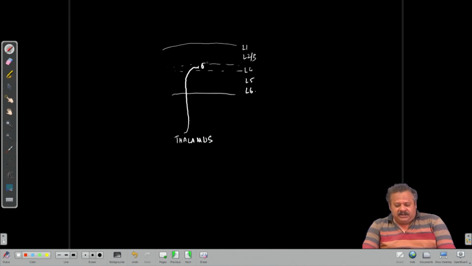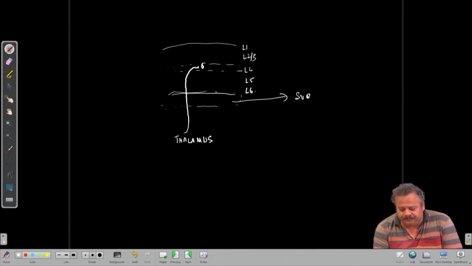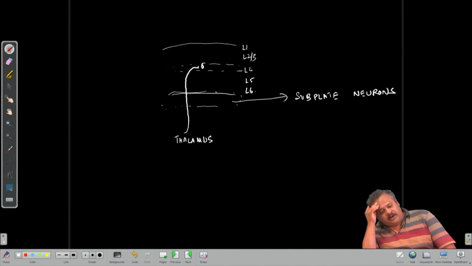Initially there is a layer of neurons called subplate neurons, and these are present transiently. So layers 1 to 6 are not there at that time. The cortical plate comes out from there later on, but what is present first is only the subplate layer of neurons.